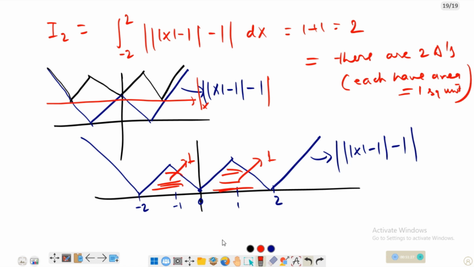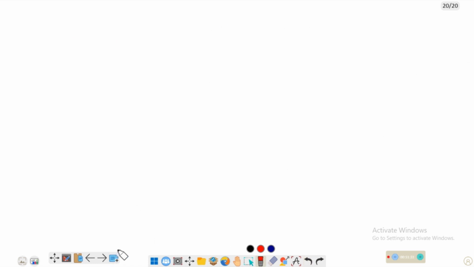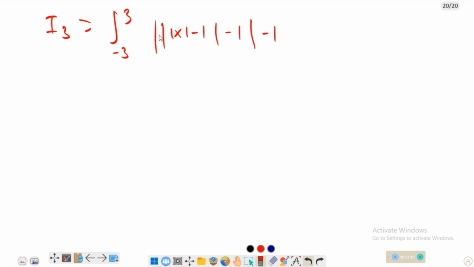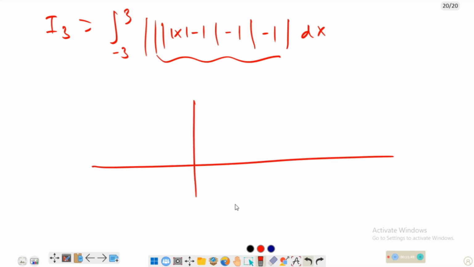So if I calculate I3, from -3 to 3, this is mod x minus 1 minus 1 minus 1. There are 3 minus ones. If I draw this graph, there are three triangles.